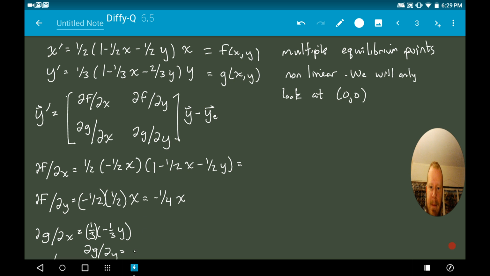We've got 1/3 multiplied by the derivative of this first piece with respect to y, which is negative 2/3 times y, plus y times the derivative of this piece, which is 1, times the interior of this piece.